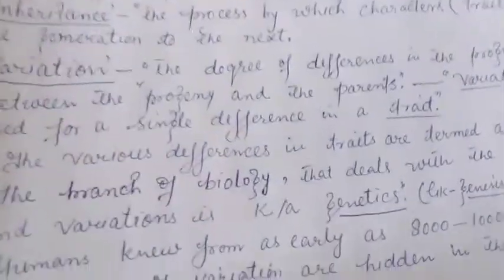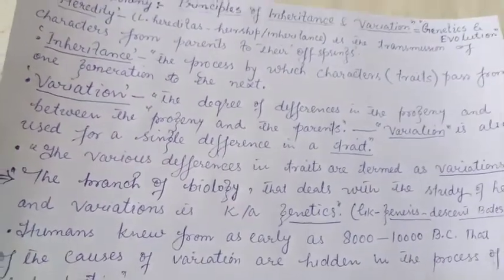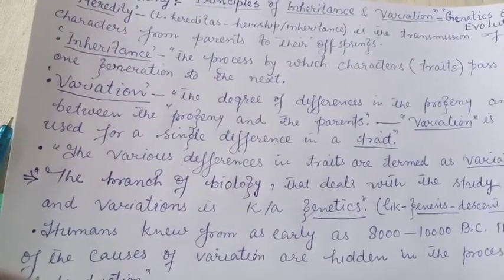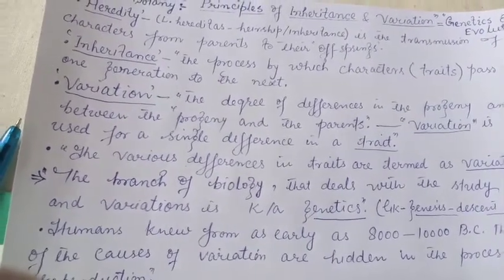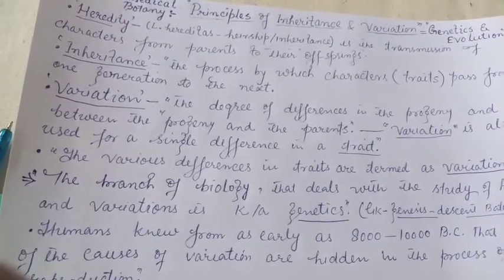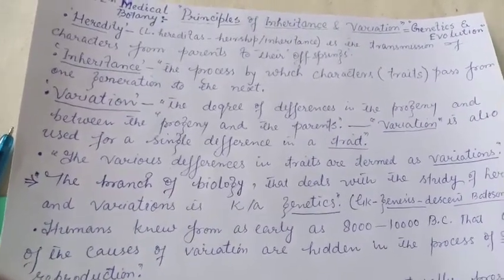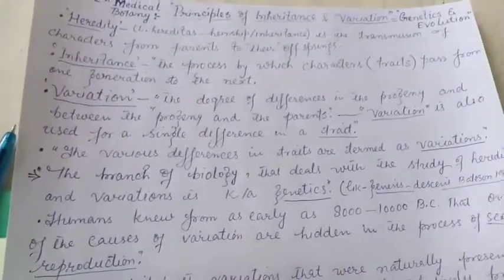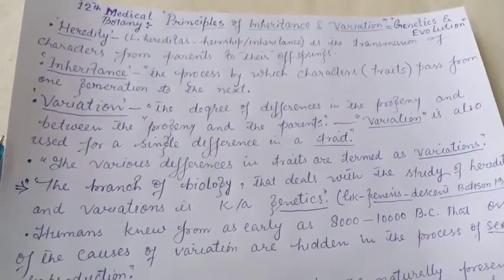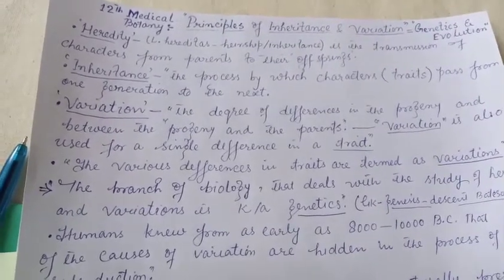Third one is variation. The degree of difference in the progeny and between the progeny and the parents, that is what we mean by variations. Variation is also used for a single difference in a trait. That means a particular character may have two different traits, as we will study when we go ahead in this chapter.